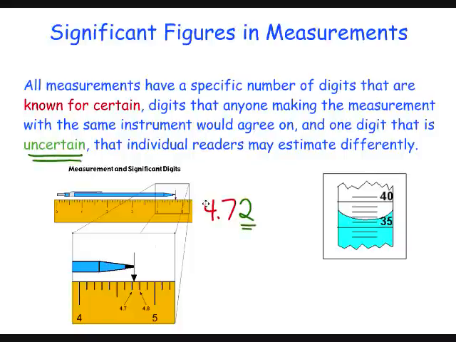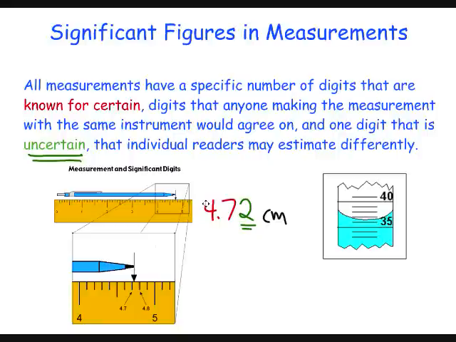That's the one we're guessing at. Others might look at it and estimate it to be 4.73, and that would be okay. And put units on our answer here, centimeters. Okay, so these would be referred to as significant figures. The 4, the 7, and the 2 would be significant figures in the value of this measurement.